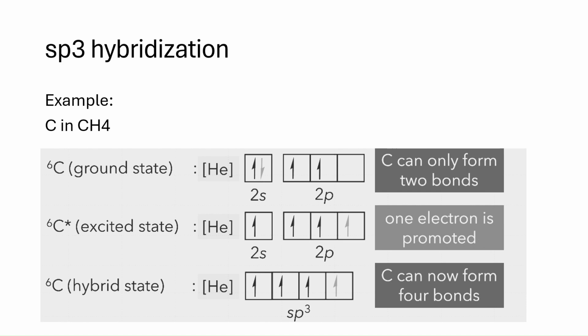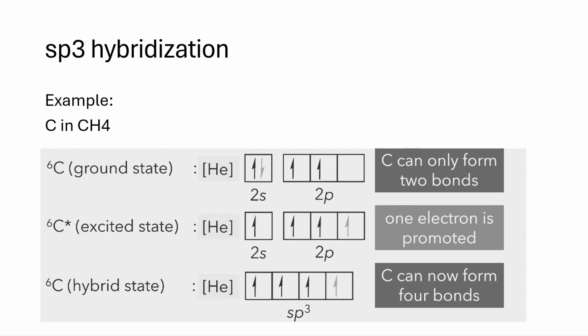Lastly, let's look at sp3 hybridization with the C in methane, CH4, as an example. In sp3 hybridization, one ns orbital and three np orbitals are mixed to produce four equivalent sp3 orbitals. The four equivalent sp3 orbitals contribute to four electron domains.